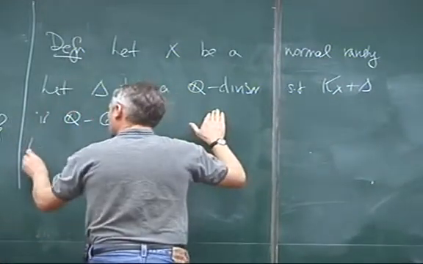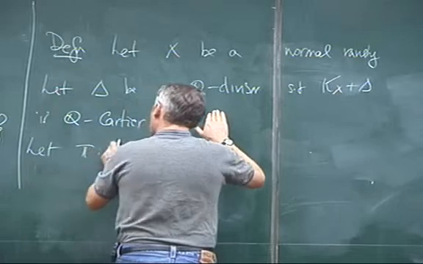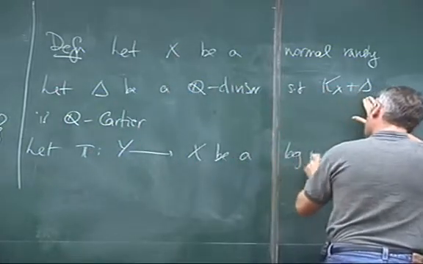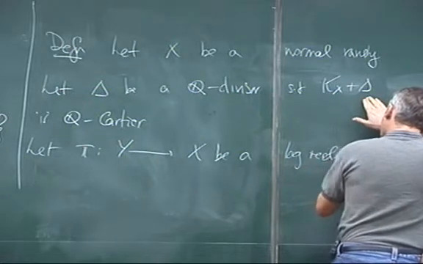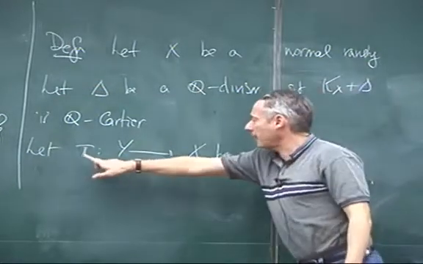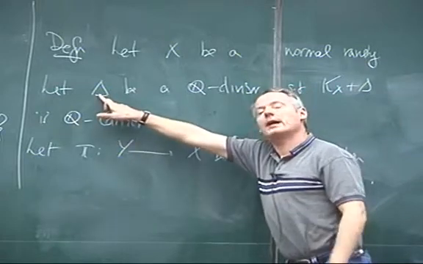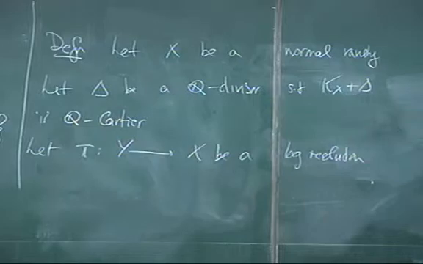In general, that's going to be an issue. So let pi from Y to X be a log resolution. That means that it maps birationally, and that Y, the strict transform of delta, and the exceptional locus, all of that is normal crossings.